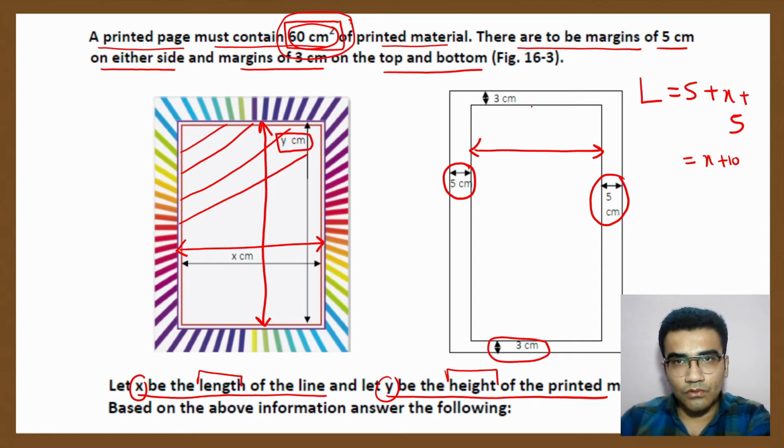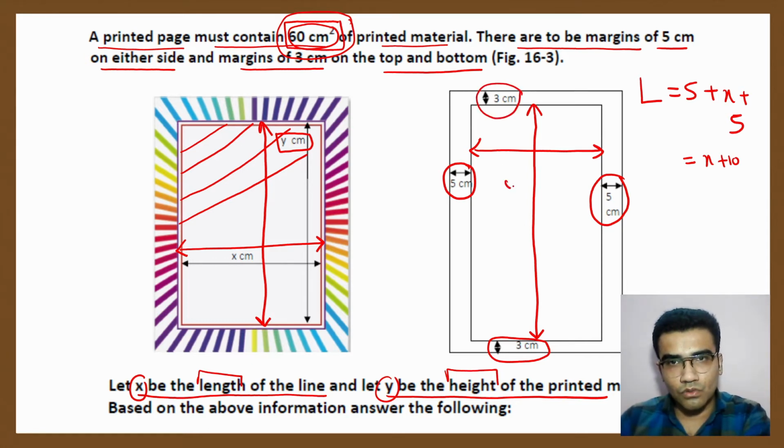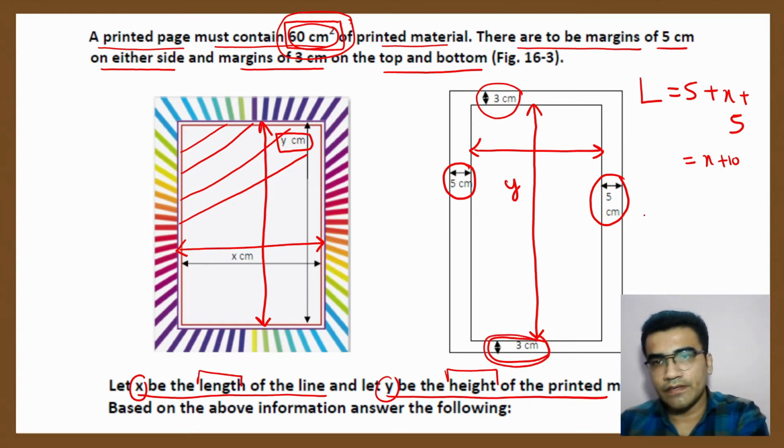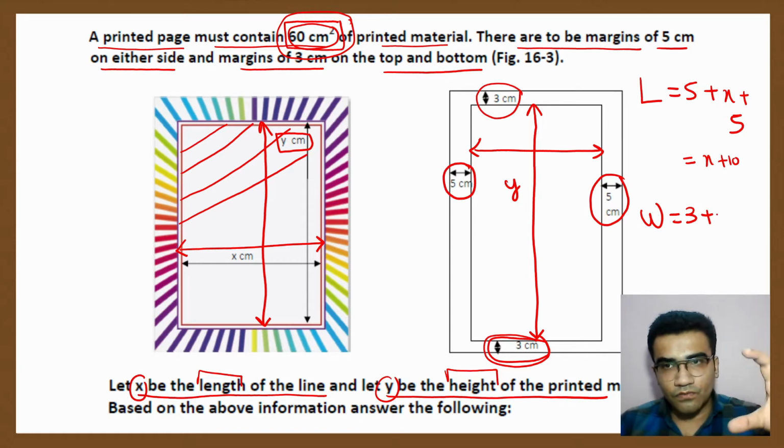And in order to find the height of the whole paper, what do we do? We add the 3 centimeter margin above y and the 3 centimeter margin below y. So we write the height of the whole paper is equal to 3 centimeter plus the height of the printed material, that is y, plus the downward margin, that is 3.